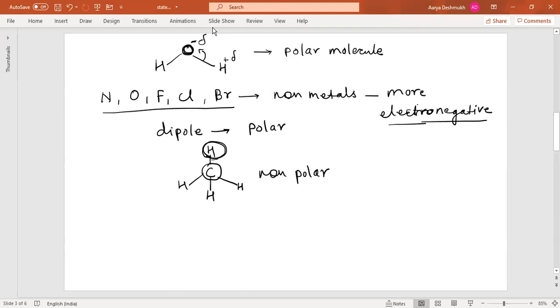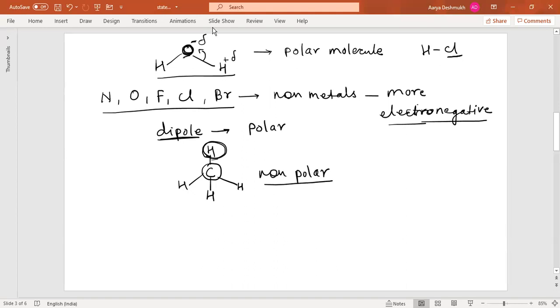So the formation of positive and negative charge, or rather the formation of the dipole, is not that easy as it is in the case of the water molecule or the hydrogen fluoride molecule, where there is a presence of more electronegative atoms like fluorine and oxygen. So this is not so in the case of a molecule like methane.